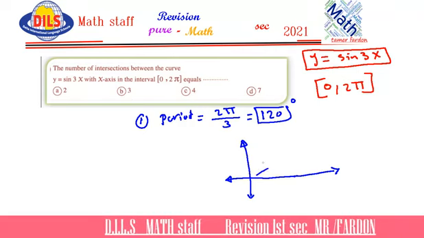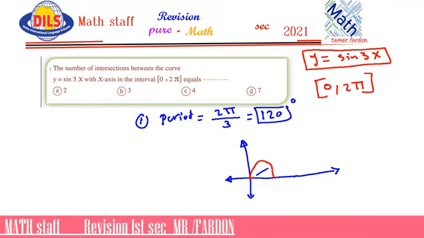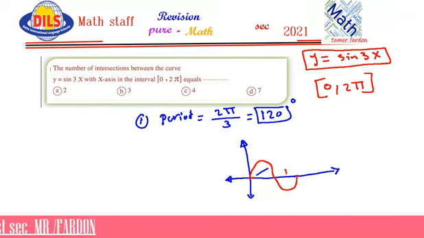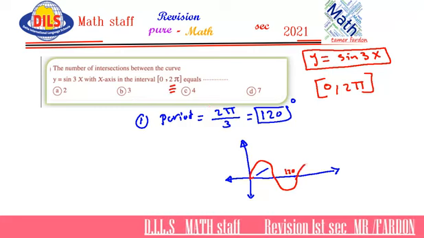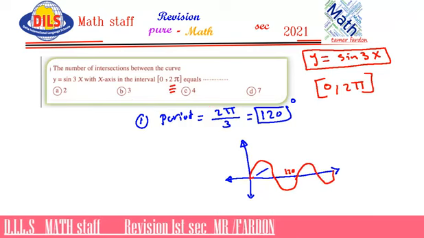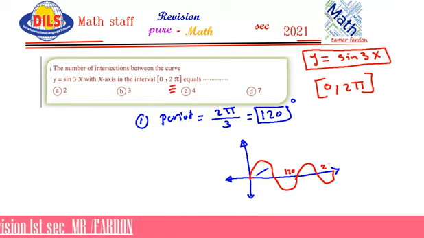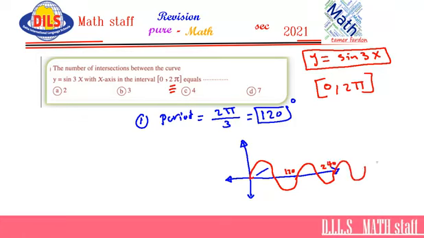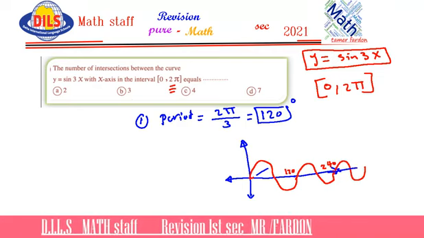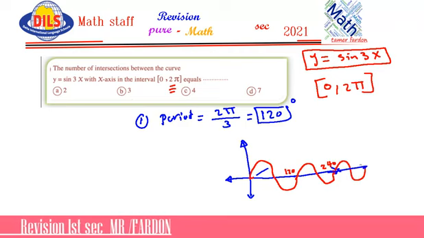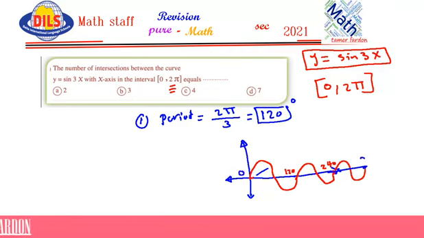So the first period completes at 120 degrees, but our domain goes up to 360, so we can complete another period at 240, and another one at 360. So our function has 3 complete periods from 0 up to 2 pi, which is 360.